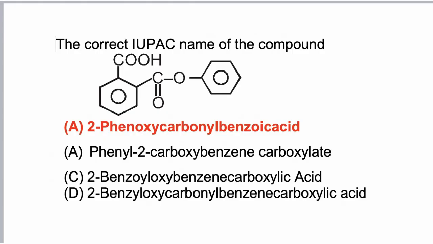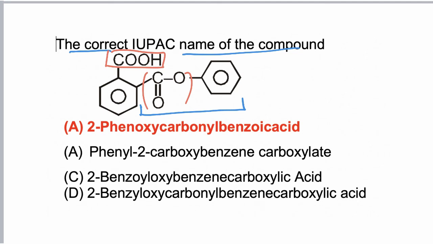In this question, we have to find the correct IUPAC name of the given compound. First, we have to identify the principal functional group. Now COOH and ester both functional groups are present, but according to priority order, COOH is given higher priority over ester. So the main chain is that benzene ring to which COOH is attached. Now this part is a substituent.